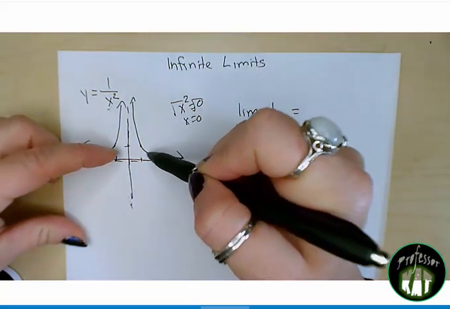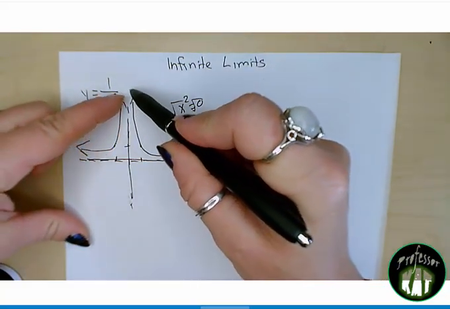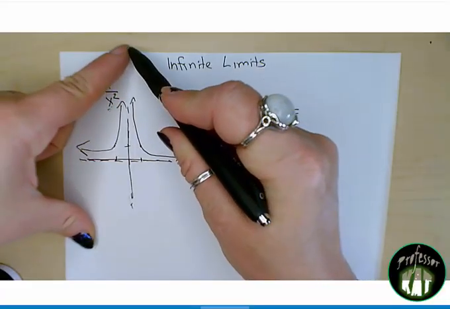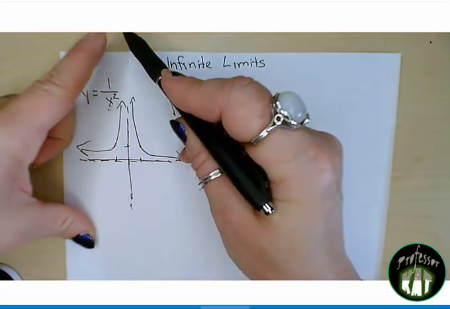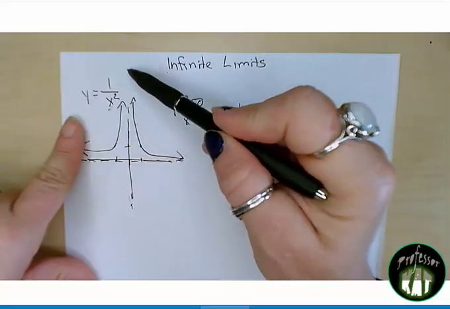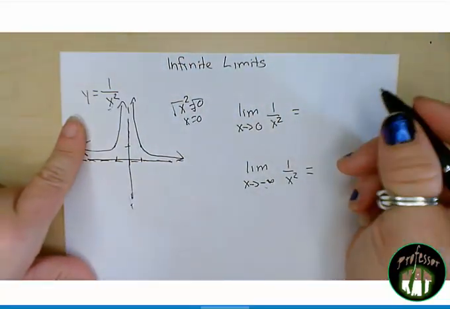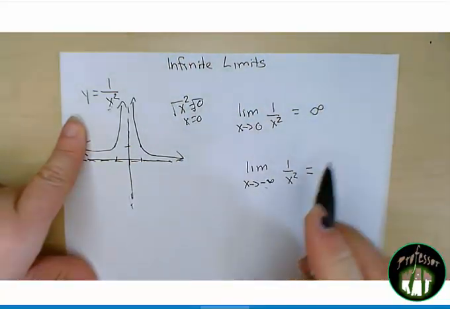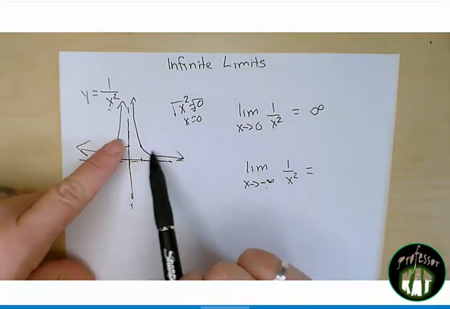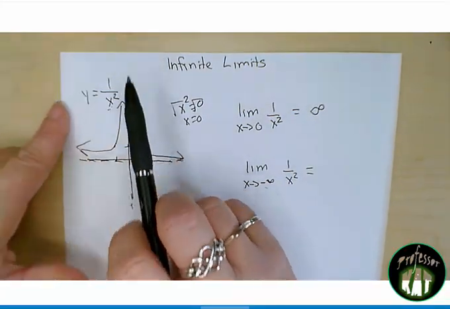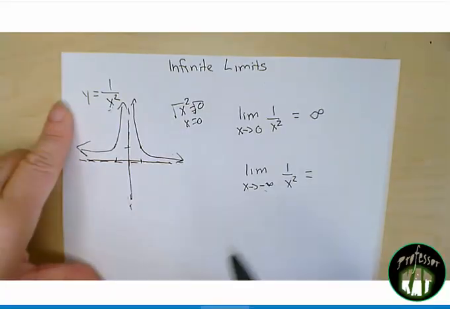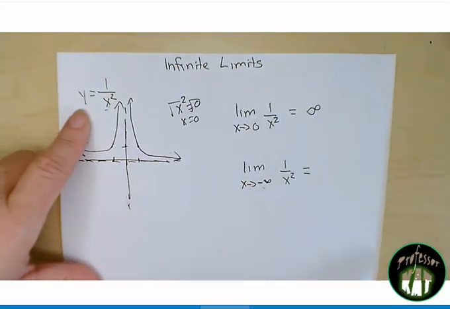The closer and closer we get to that line, our graph is shooting up, up, up, and it's just going to keep following that line. It's going to keep going up, which gives us a positive infinity. The closer it gets to 0, the higher and higher it's going to go, continuing to shoot upward towards positive infinity.